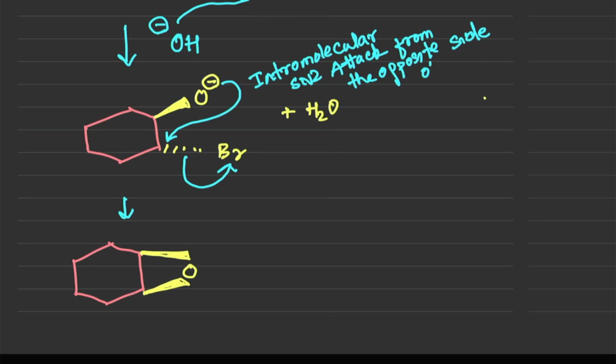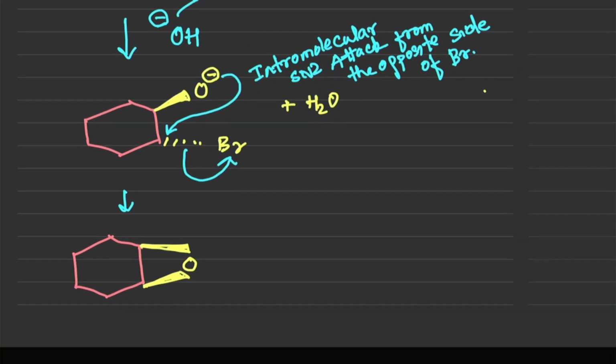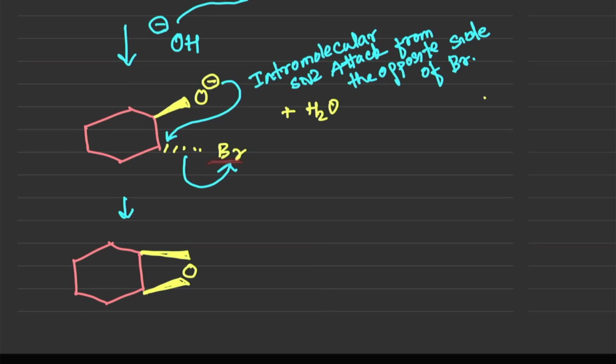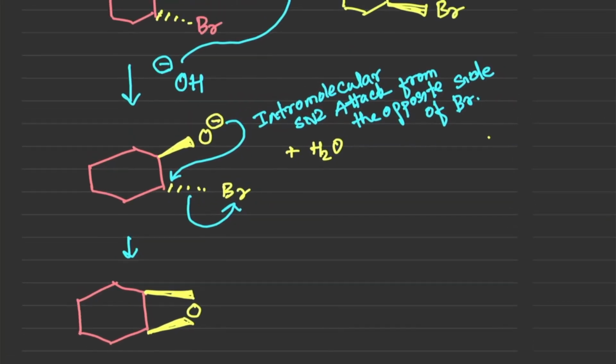Now this is important, because the bromine was at the bottom. If the bromine was at the top, this reaction would not be possible. So both have to be on opposite sides in order for this reaction to happen.